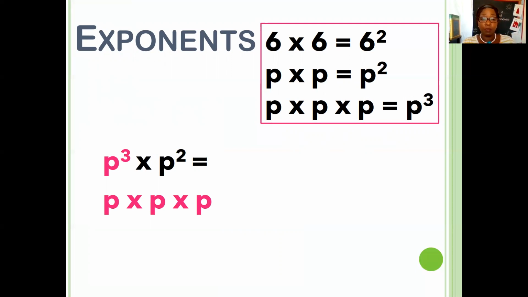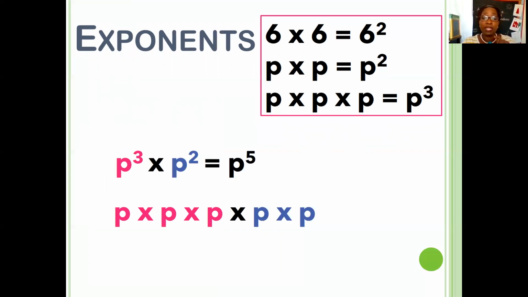P cubed, we can expand as P times P times P. And P squared, we can expand to P times P. So really and truly, when you look at it, we just have 5 P's there, right? But they are connected by multiplication. And this is important. So we put P to the 5th power. All right?